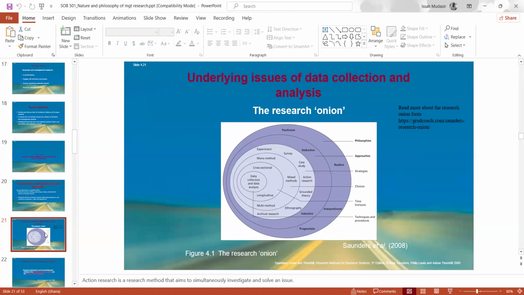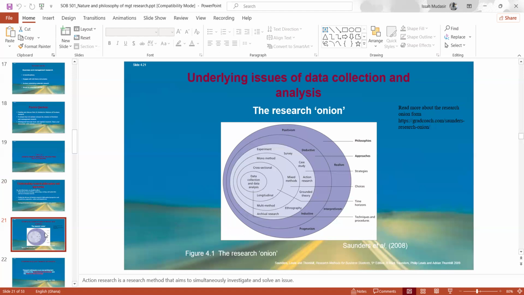After the strategies, there are many. Whether you want to conduct an experiment, so the scientists, the physicists, the chemists, they will have a laboratory where they can conduct an experiment. Or whether you want to use a case study as a social scientist, you can pick one organization and then ask questions in that organization. So that becomes a case study.